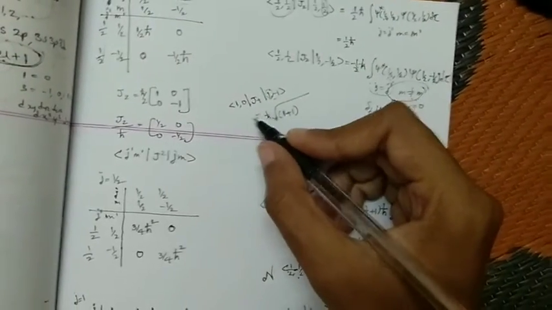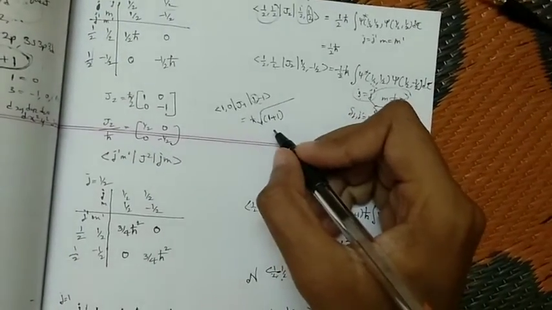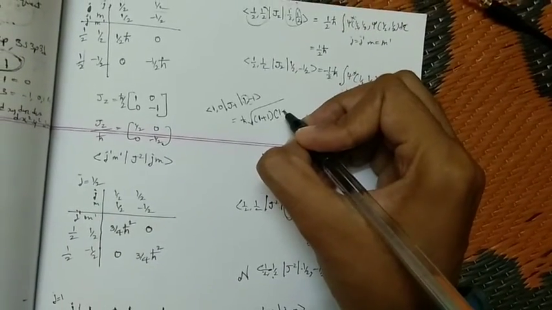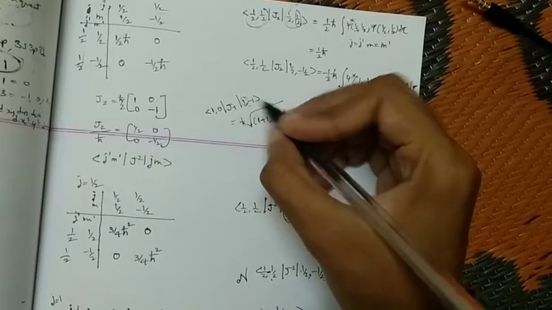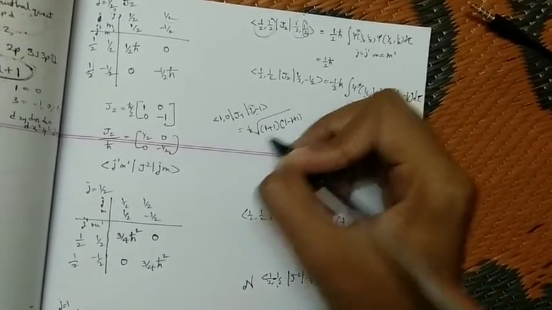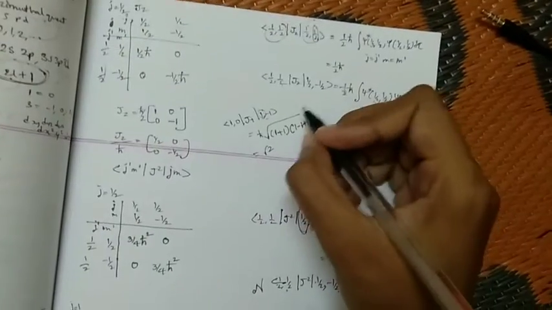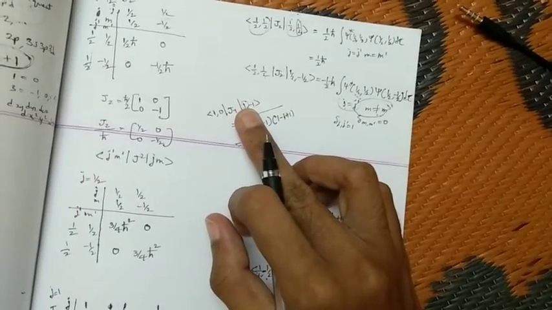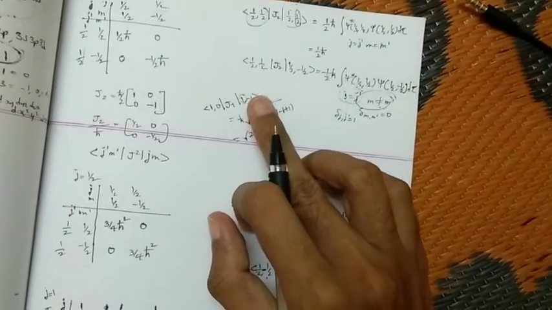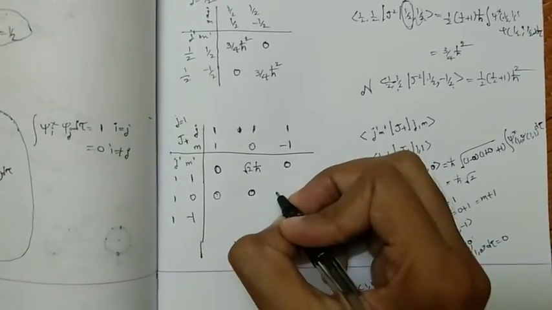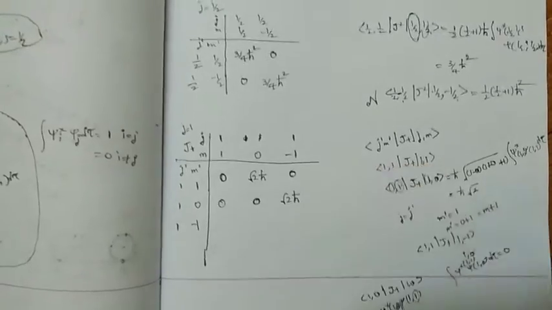So the eigenvalue of J plus is the square root of (j minus m) into (j plus m plus 1). Here we have minus 1 plus 1, so this one would get cancelled, 1 into root 2. So root 2 h cut, and the integration of xi star of (1,0) into xi of (1,0), as it increases the value of m by 1, would be equal to 1. So this element would also be root 2 h cut.